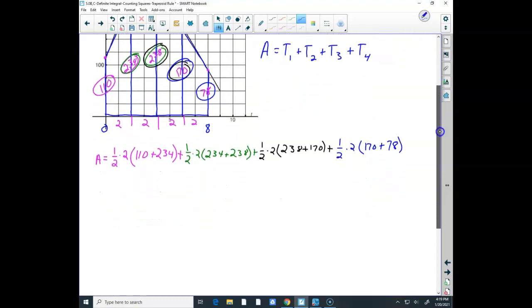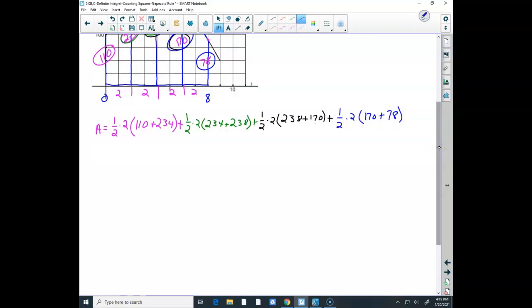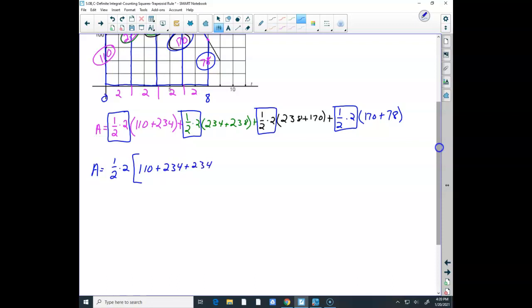Now, what I really want you to focus on here is there is a greatest common factor, because a trapezoid rule is going to be written out in a couple chapters, in a few sections, a lot differently. But notice every one of these has 1/2 times height. So my area technically equals, when I shortcut this, times 2. And then all I'm doing is this is 110 plus 234 plus 234 plus 238 plus 238 plus 170 plus 170 plus 78.